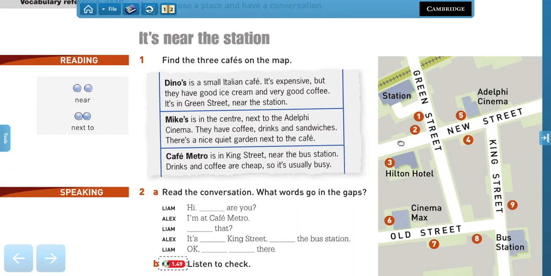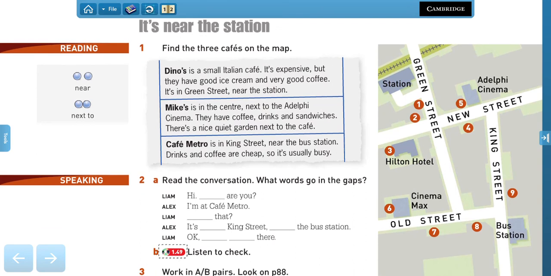Now, we're going to do the last activity of this section, right? When we talk about how to locate places in a map. Here we have a map with different important points. 1, 2, 3, 4, 5. We have some reference points, puntos de referencia, right?